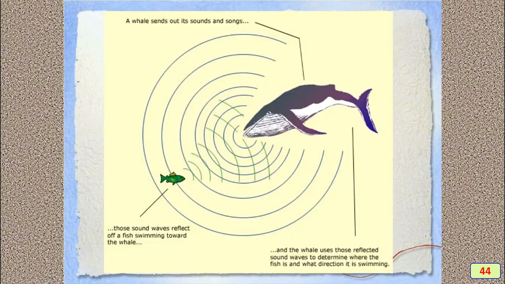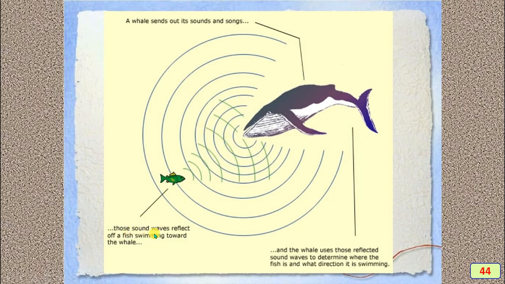Some of the animals do have these. For example, a whale sends out sounds and songs. That's called the whale song. Very characteristically, it will produce the song, and it is going out in the form of a wave.